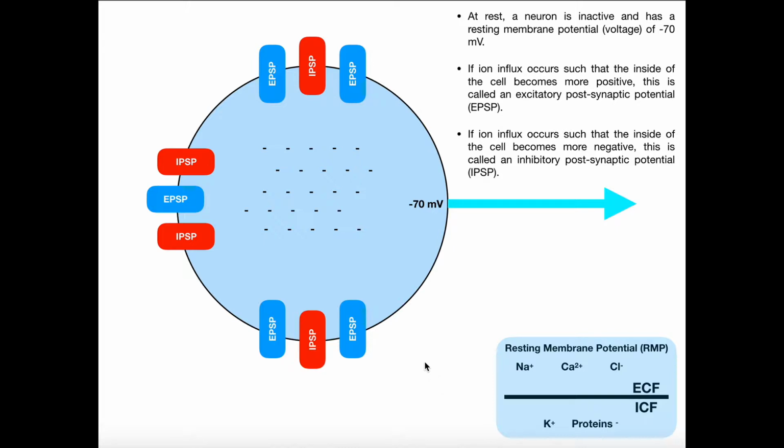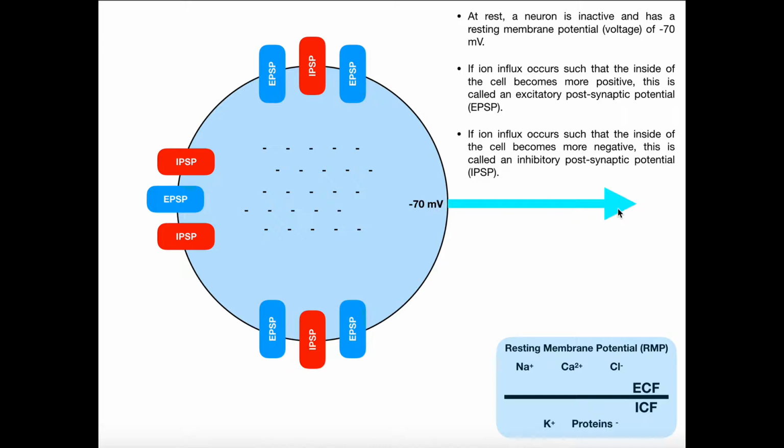Before we do that, we need to talk briefly about what's called resting membrane potential, and also what we have here in terms of the neuron. This is the cell body of a neuron, represented by this circle. This is the cell body, also called the soma. You'll see graded potentials occur in both the dendrites and the cell body. This arrow over here represents the axon.